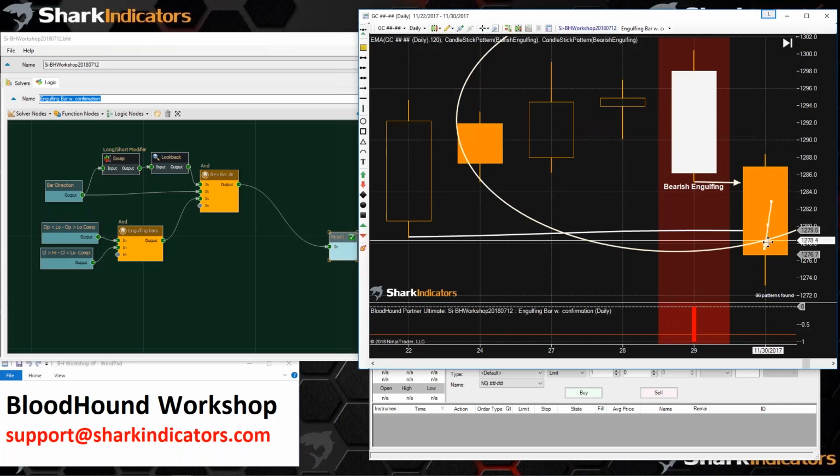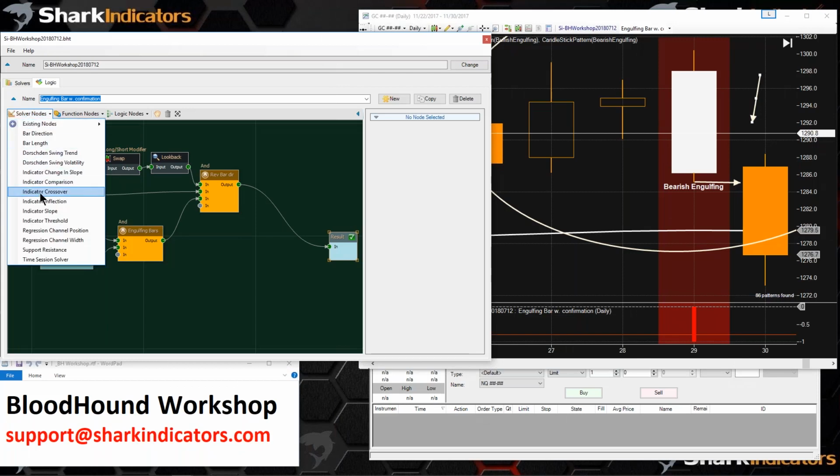So what are we doing? We're looking for basically the low of that bar to break the low of the previous bar. So we just need a low of the confirmation bar to be lower than the low of the previous bar. Right? And the opposite for a bullish. So we just need the high of the confirmation bar to be higher than the previous bar's high up there.